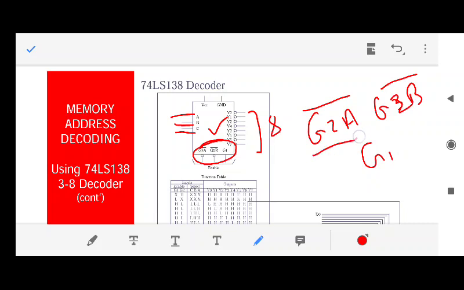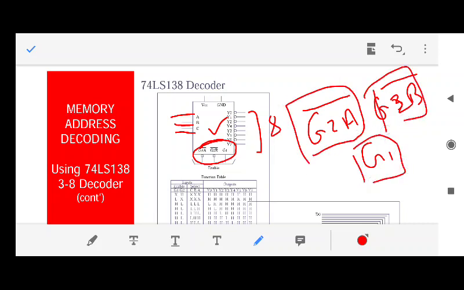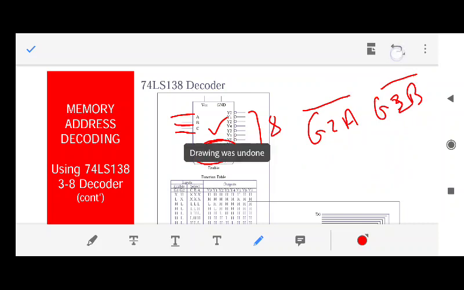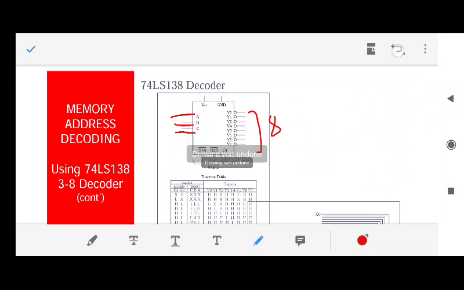So in total you have three signals. These three signals are used to select or enable this chip. Fine. And you have supply and ground. Every chip needs a voltage supply and ground to operate. So in total it has these number of lines. Fine. Now how does this decoder work?